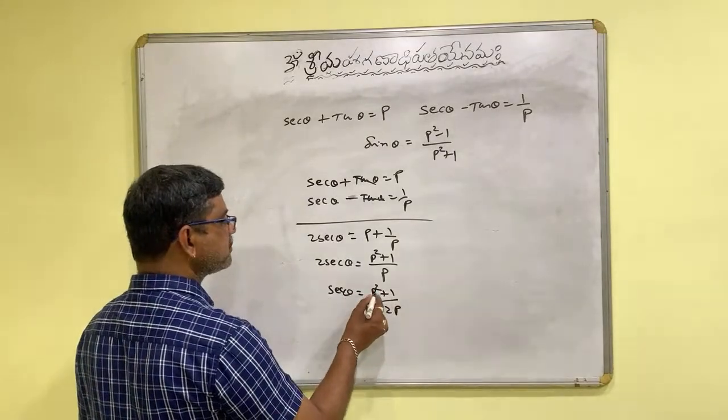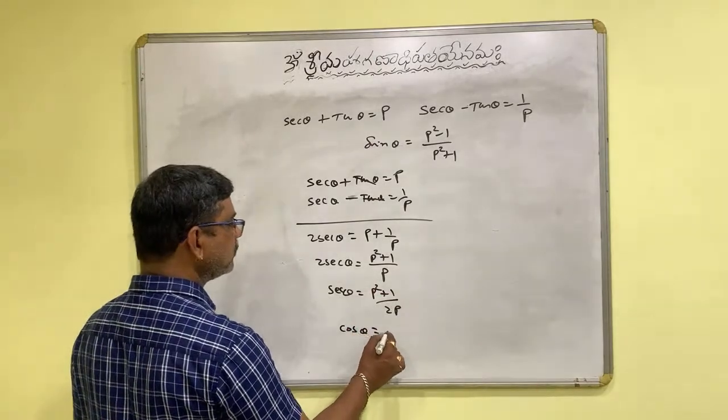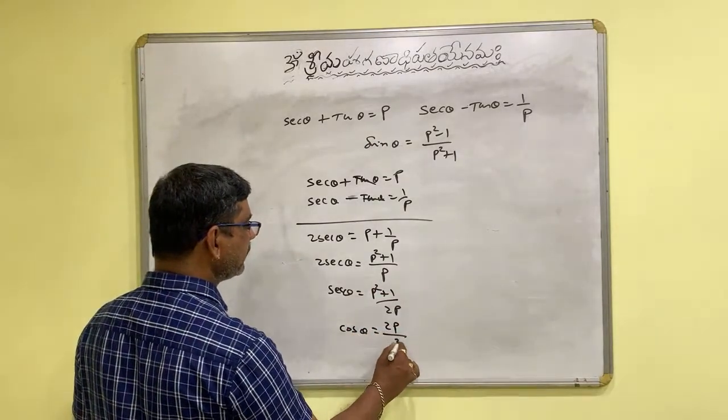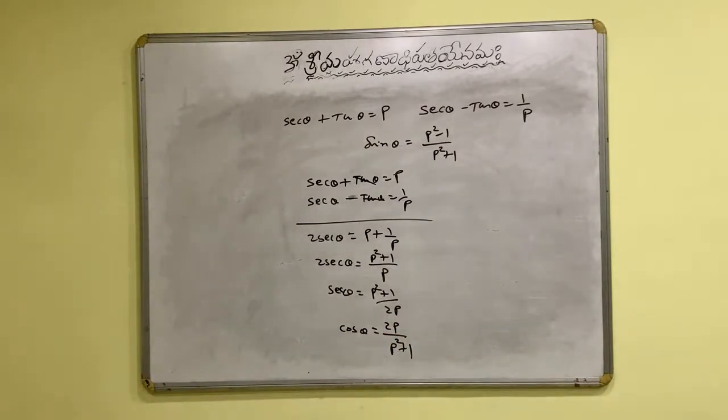If secant theta is P square plus 1 by 2P, cos theta is equal to 2P by P square plus 1. Did you understand this, children?